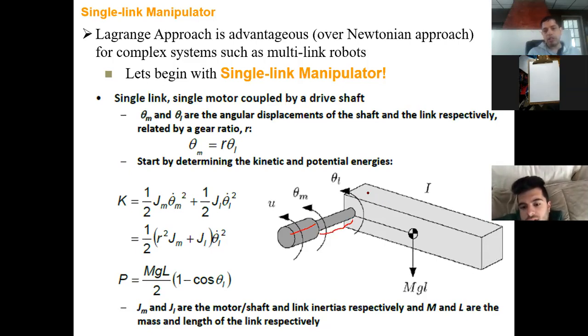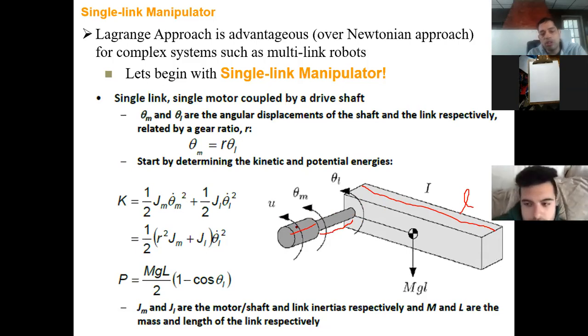This is actually the link of the robot, and the length of this robotic link is L. Now this is the revolute joint, because we have a motor, meaning definitely the joint is revolute. The motor is going to rotate this link.